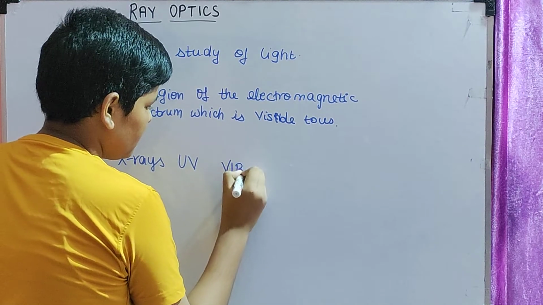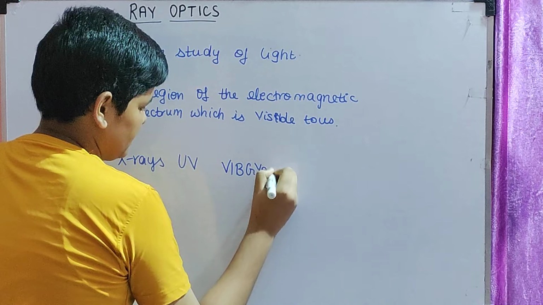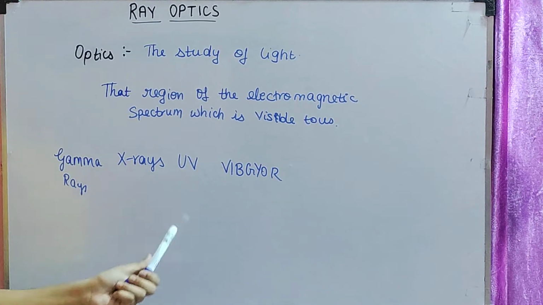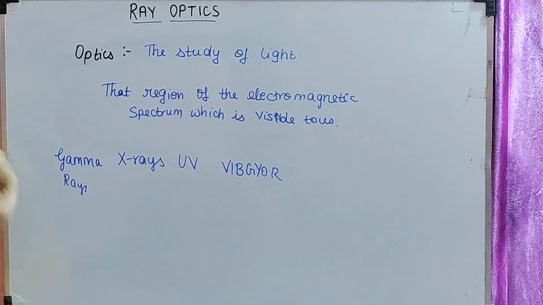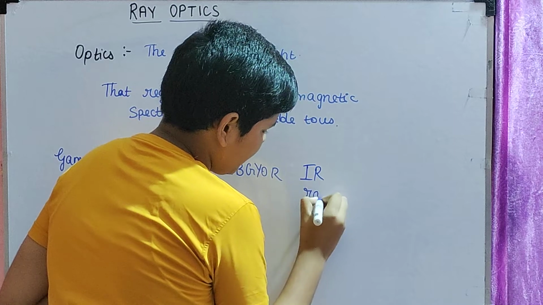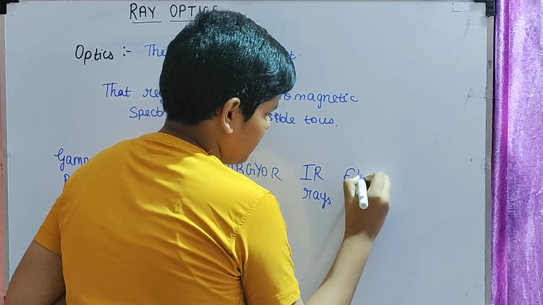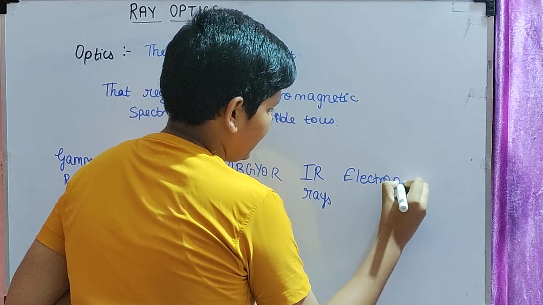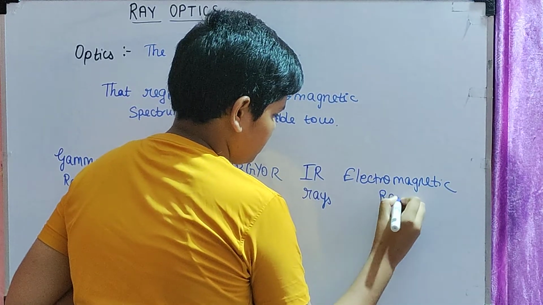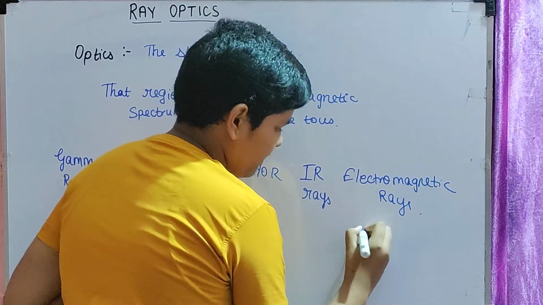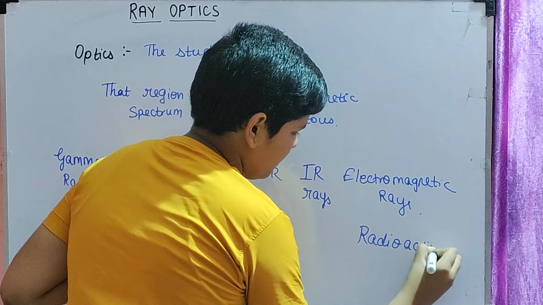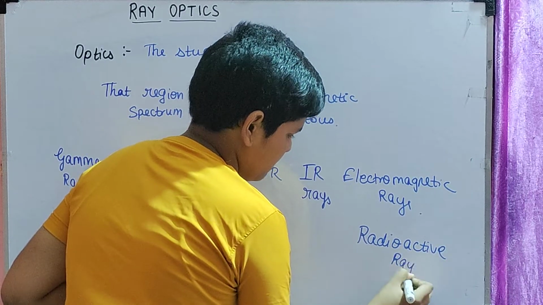Then we have the Vibgyor rays. Gamma rays, X-rays, ultraviolet rays, Vibgyor rays, then infrared rays, then electromagnetic rays, and then we also have one more, that is radioactive rays.